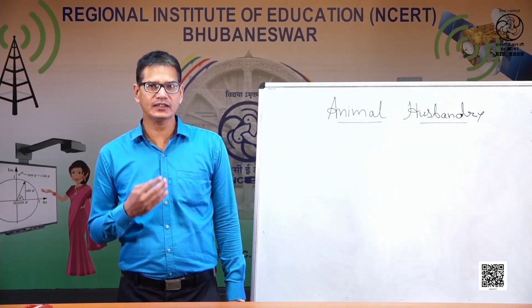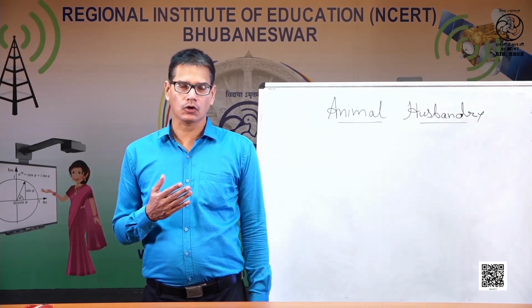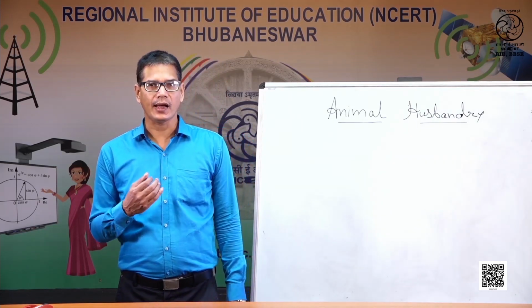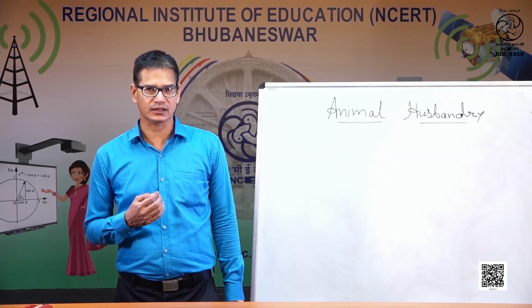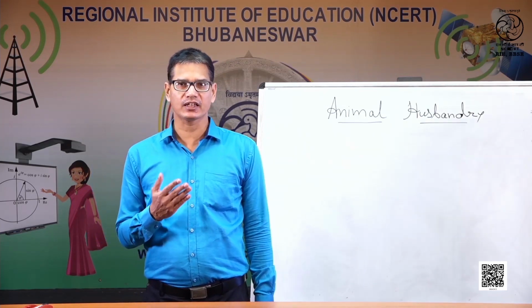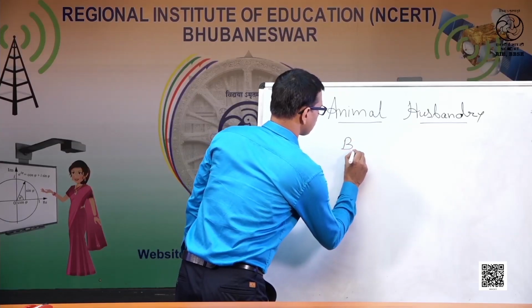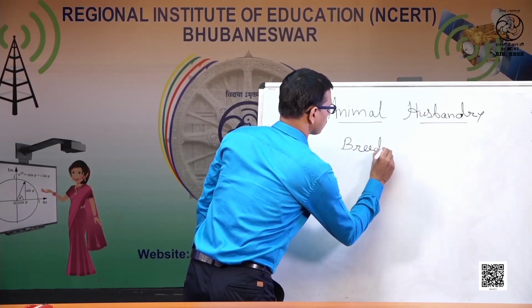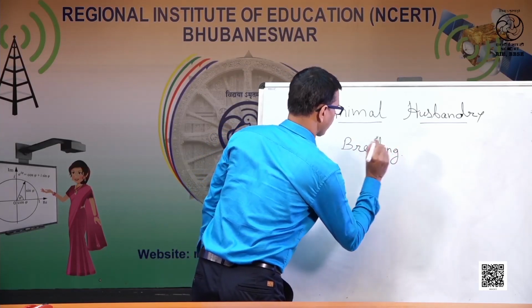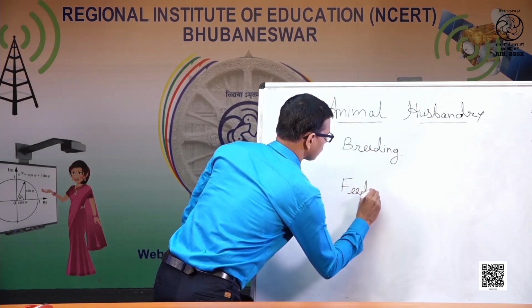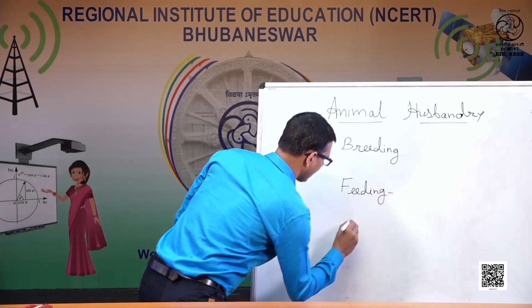Students, in the previous section, we studied about crop management, that is, crop variety improvement, crop production improvement, and crop protection improvement. In this session, we will discuss animal husbandry. That means scientific management of animal livestock, and it is management of breeding, feeding, and disease control.